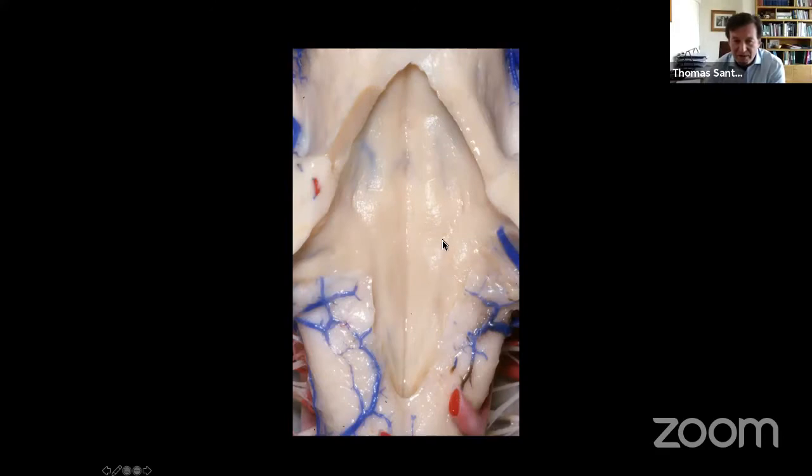There's a nucleus around here, the paramedian reticular formation, which then connects with the facial nucleus deeper down, and sends fibers to all the ocular motor nuclei in the midbrain. And it's running right next to the median sulcus.